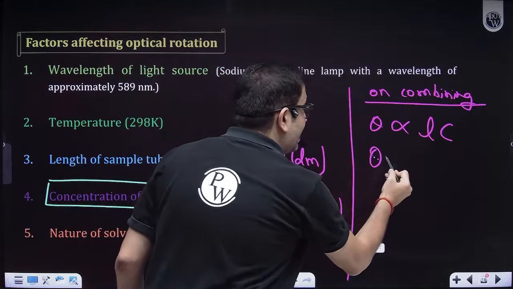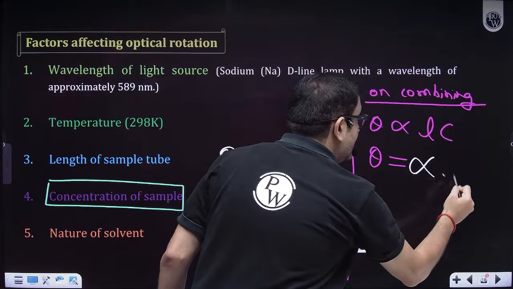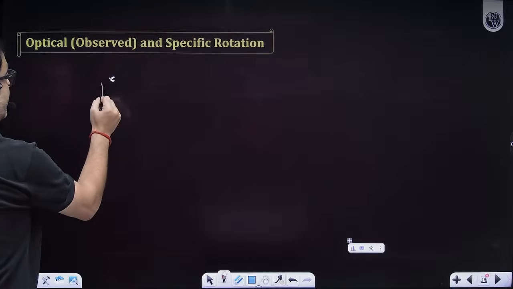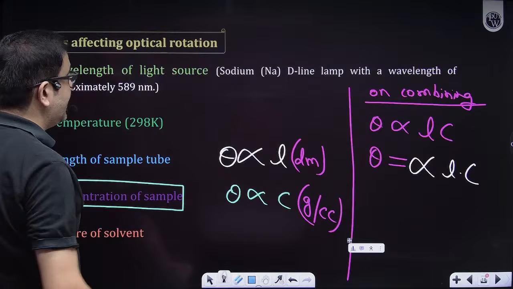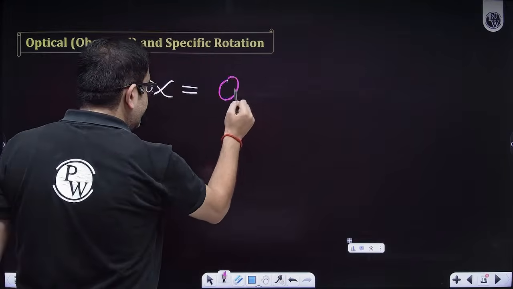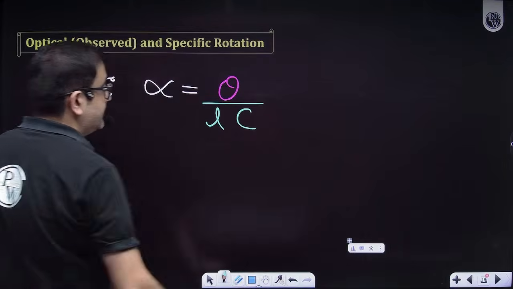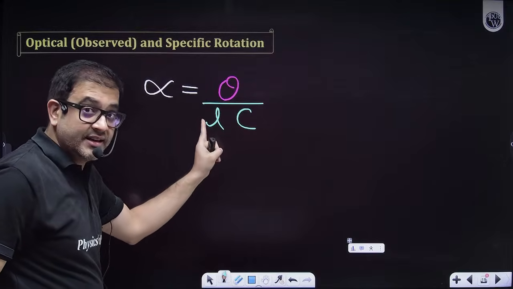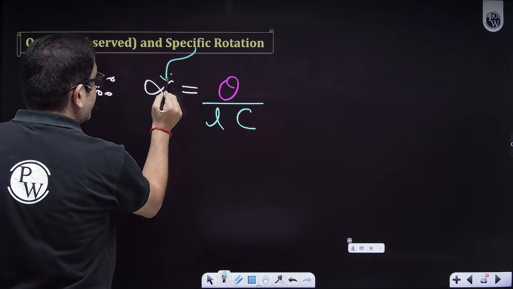So theta will be equal to alpha into L into C. Therefore, I'm writing this formula in the next slide. This alpha is equal to theta upon length into C. C is my concentration, already written, gram per cc. So L is in decimeter and C in gram per cc, and this alpha is termed as specific rotation.